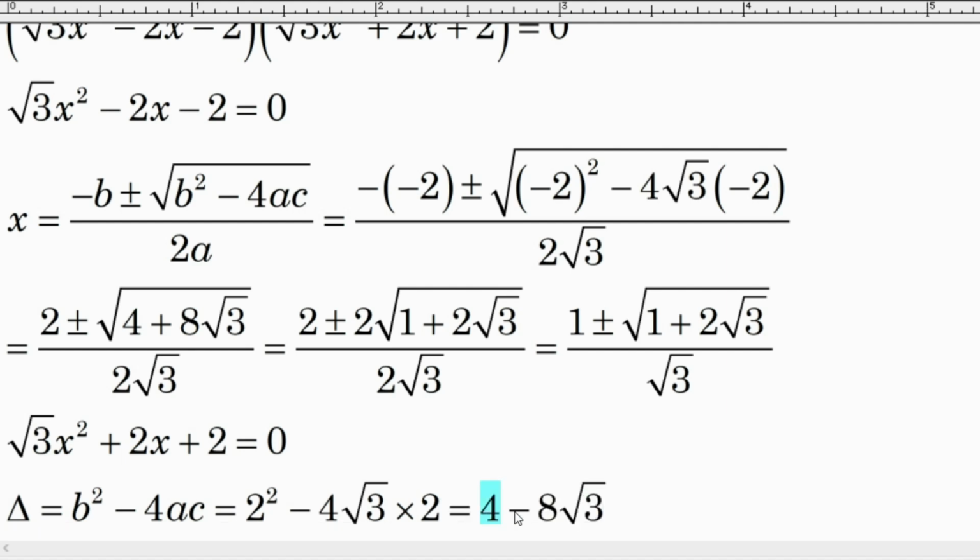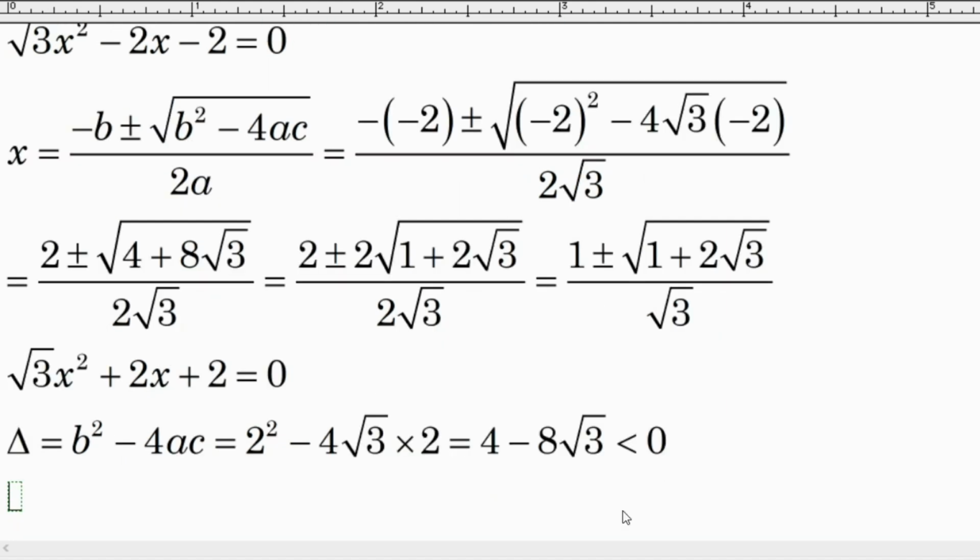Okay, so 4 minus 8 square root of 3, that will be less than 0, right? So now we have delta less than 0. When we have delta less than 0, we cannot find the values of this equation in real numbers.